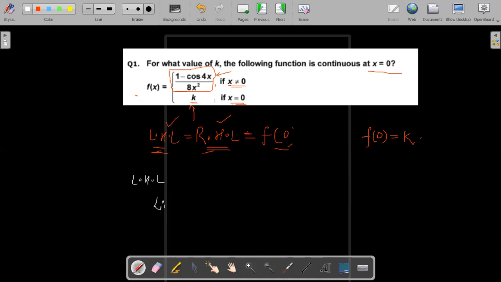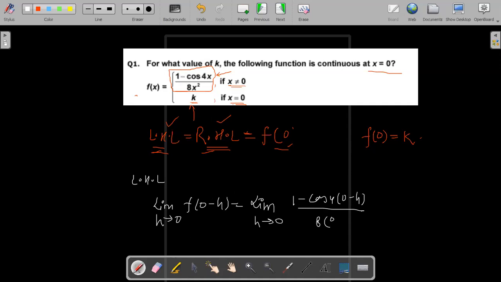That's why I'm telling you that for LHL and RHL you have to use the exact same expression. So I'm writing: limit h tends to 0, f of (0 minus h). That means limit h tends to 0, (1 minus cos 4 times (0 minus h)) upon 8 times (0 minus h) square.